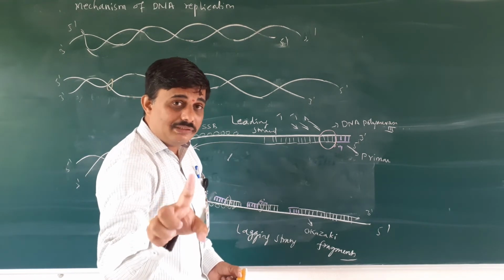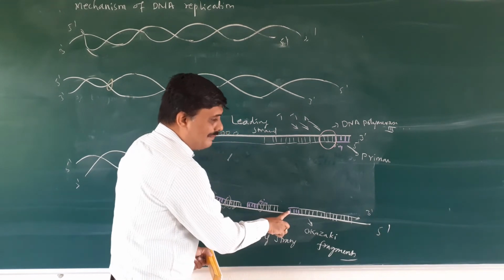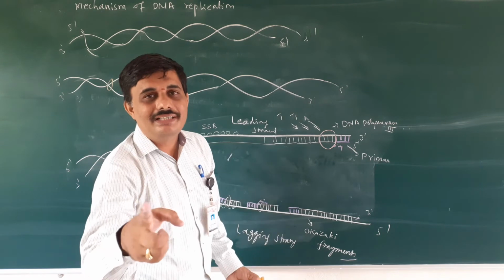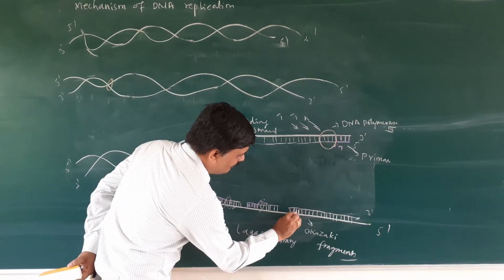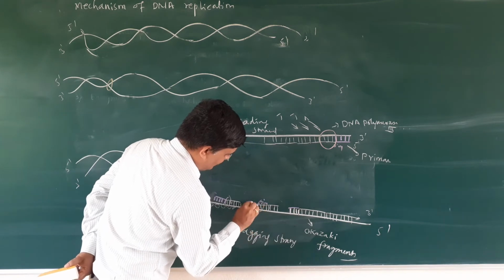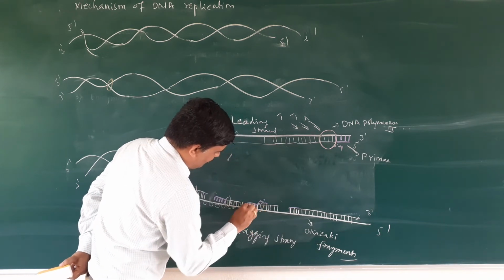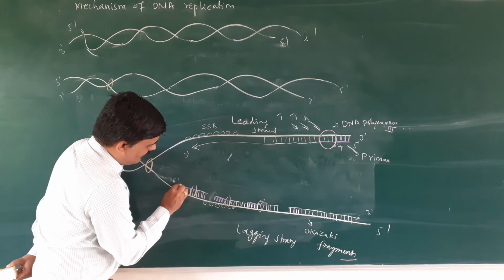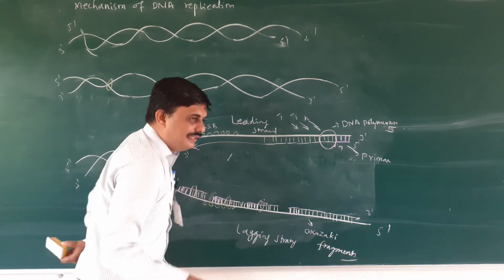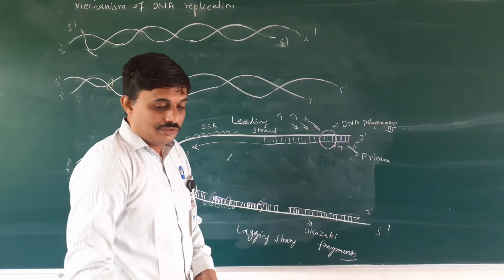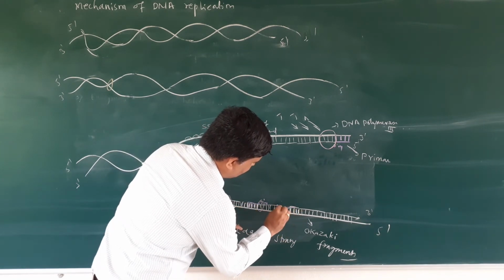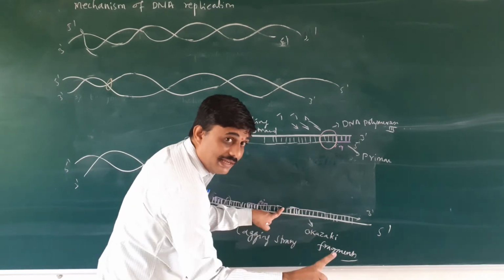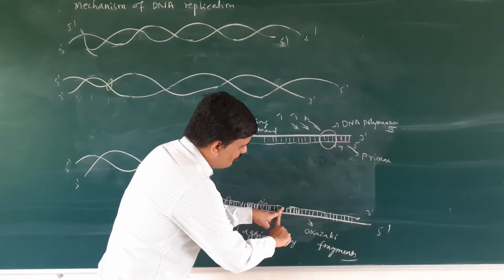DNA polymerase 1 replaces the ribonucleotides with deoxyribonucleotides. So there is a gap that occurs between the two fragments of DNA.